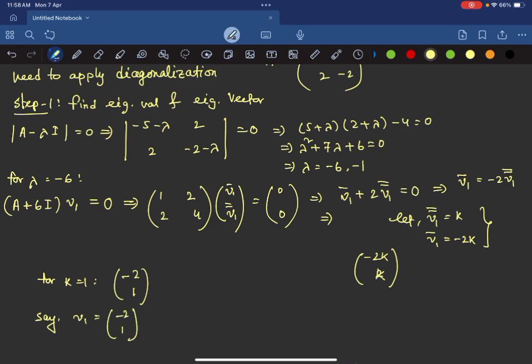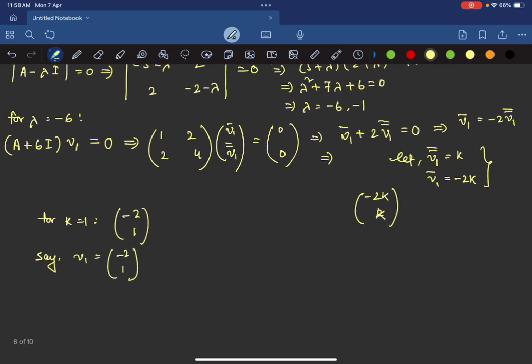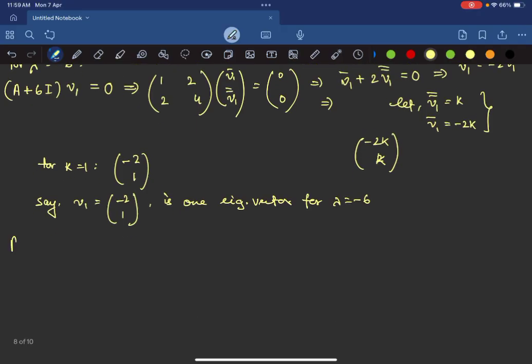This is one eigenvector corresponding to the eigenvalue lambda equal to minus 6. Similarly, if we apply the technique for lambda equal to minus 1, what you will get is (A plus I) v1.